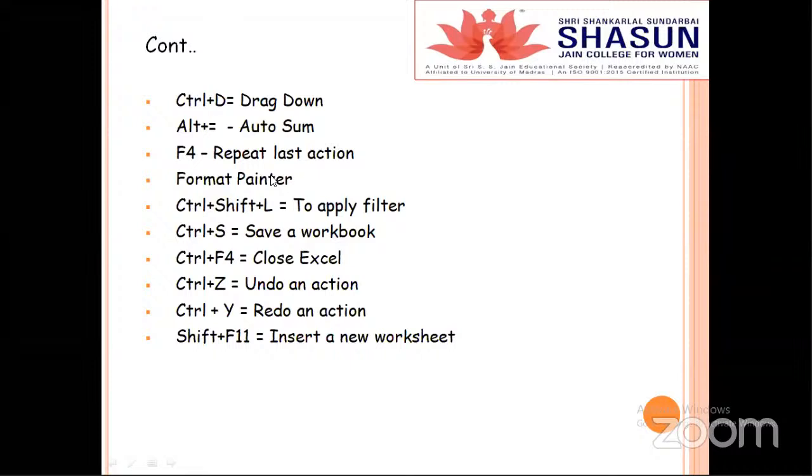Format painting: I have told you at first, in the Home tab you can see a format painter option. Next, Control plus Shift plus L to apply filter. To save a workbook, Control plus S. To close Excel, Control plus F4 is used.